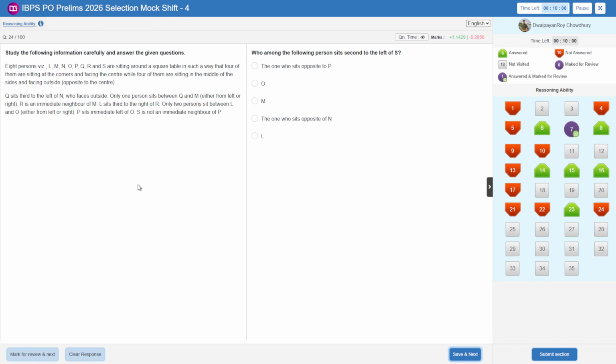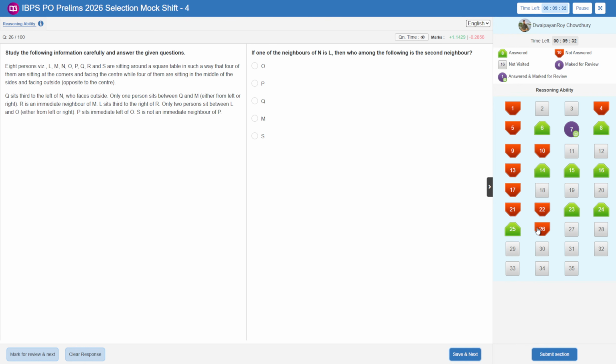Okay, done. From the following statements, second to the left of S is R, the one opposite to N, which is false. O and S facing each other is false. L sits immediate left of... okay, A and B are false. 2% between R and P, left of P: yes, true.